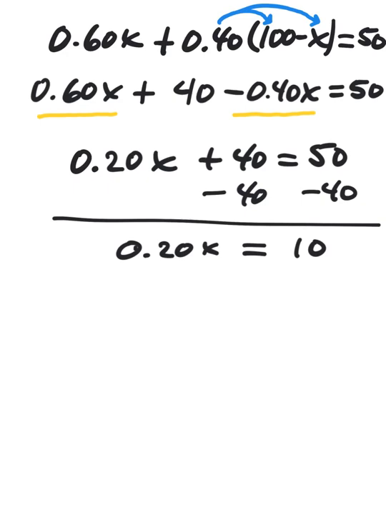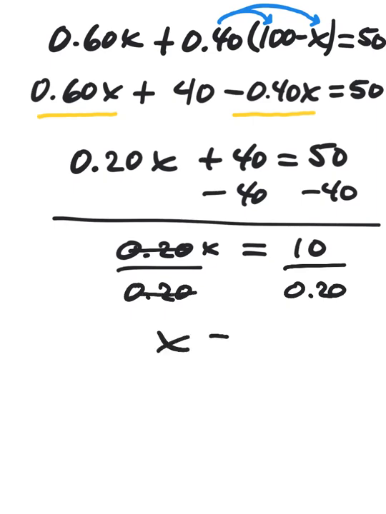Divide both sides by 0.20. And we get x equals 50. If you wanted to do a quick check to see if this is accurate, replace the x's in the original problem, and there's a couple of places for them, with 50.